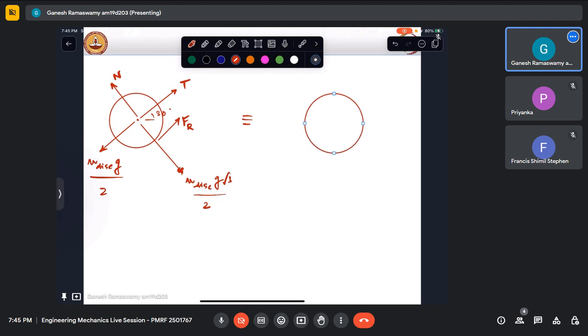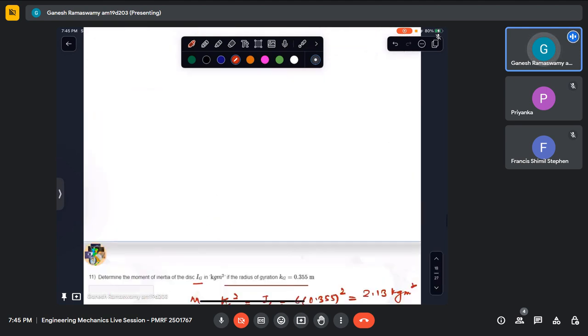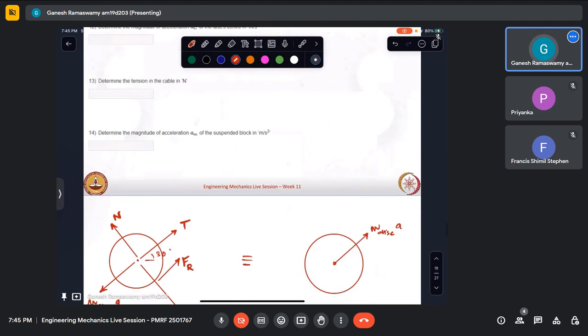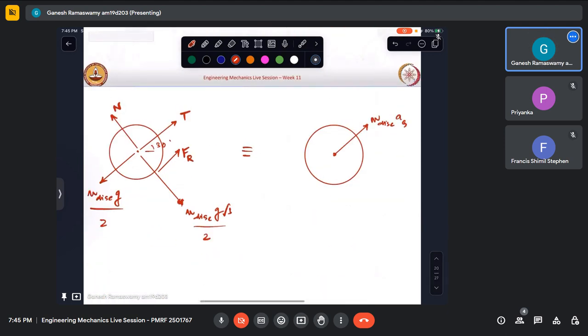So I know that this is rolling without slipping. So G is having an acceleration like that, mass of the disk into a, what did we call that? Name that something, right? Ag. Ag, yeah.